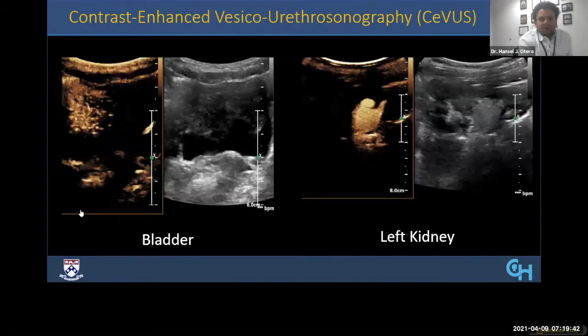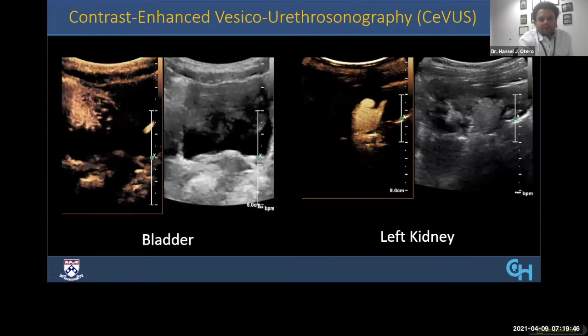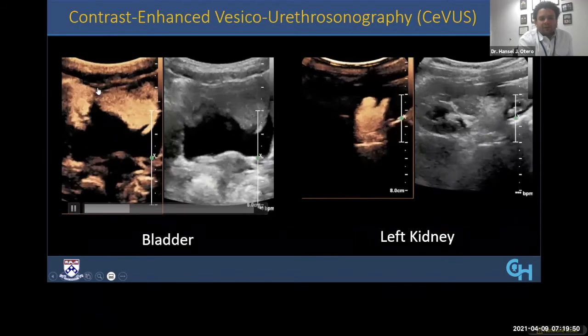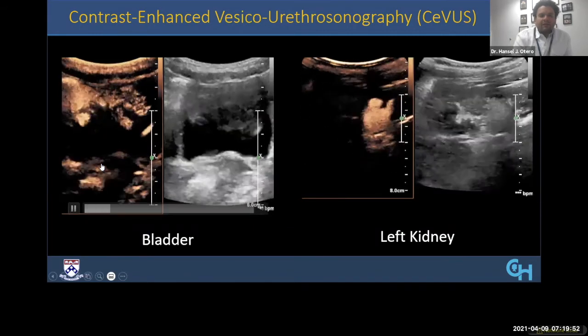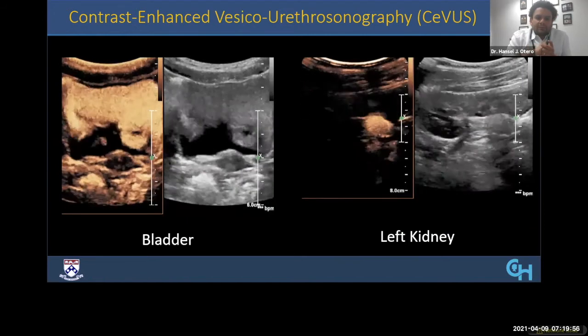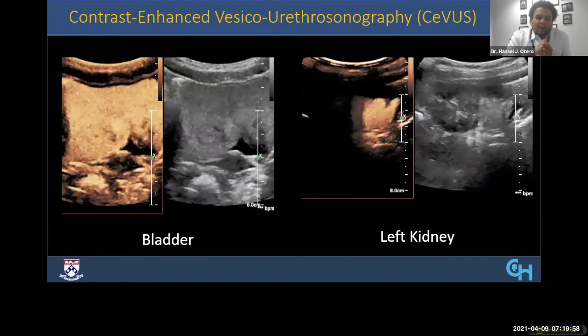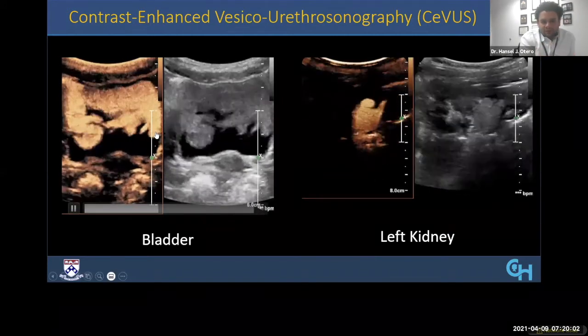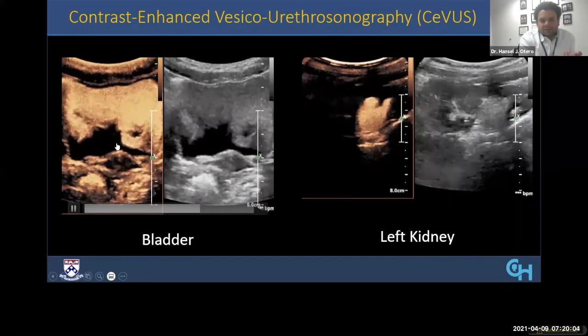This is to show you a different modality that you can use to evaluate for reflux as well. These images on the left are a contrast enhanced voiding sonography. For this one, we're using ultrasound contrast to fill the bladder.